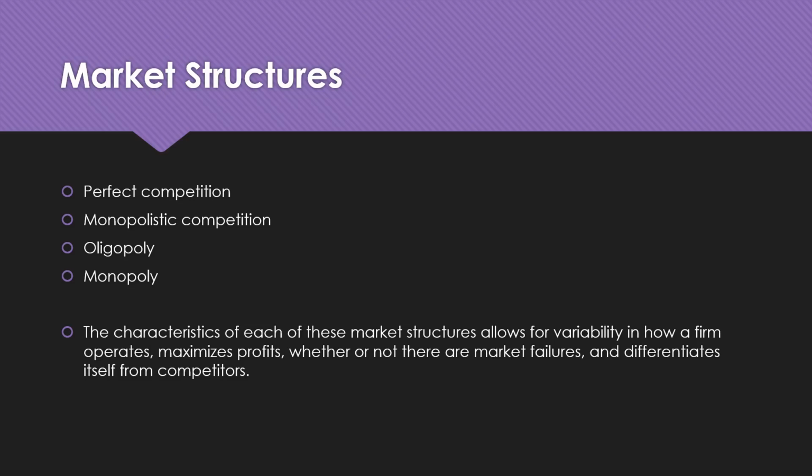However, we'll talk about how these structures are formed essentially based on the barriers to entry, the number of buyers and sellers, and whether the product is differentiated or not. That's essentially what's going to differentiate these four market structures, but there are implications of each even from that basic paring down.